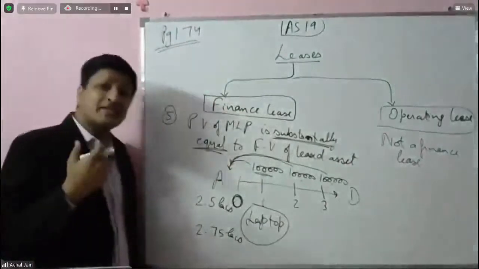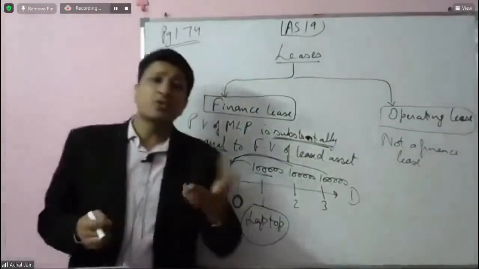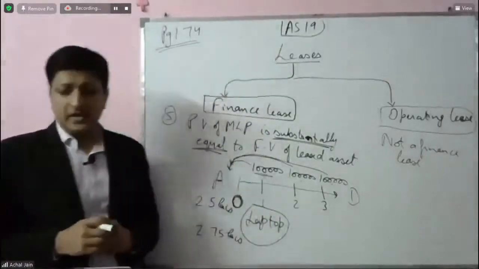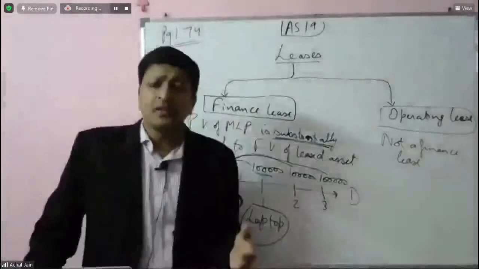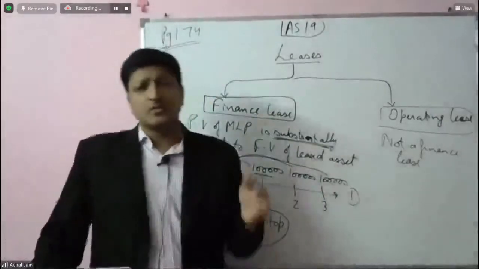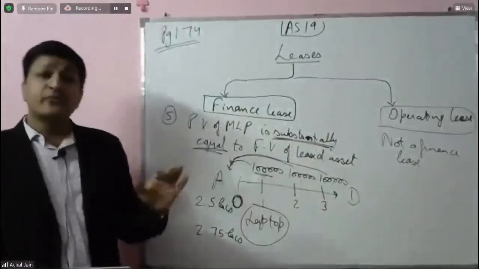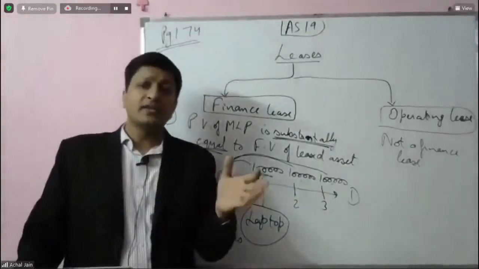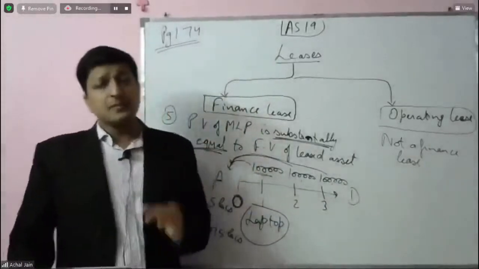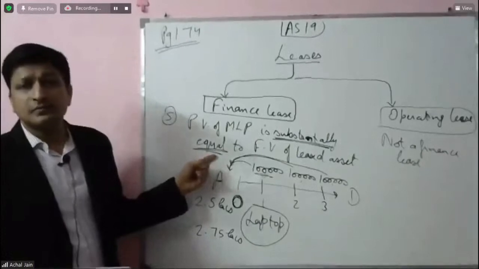Now, what do you mean by this? This has not been defined anywhere in the standard. Now, this substantially could be 80%, this could be 90%, this could be 95%. This is judgmental. And all of you don't need to worry in the exam. In the exam, you will be told whether it's substantially equal or not.